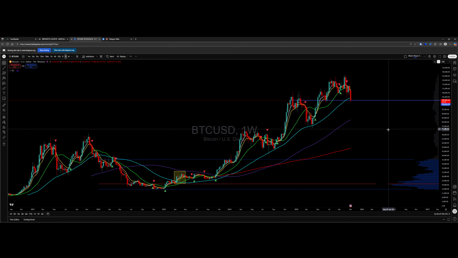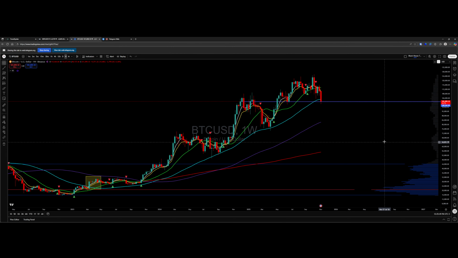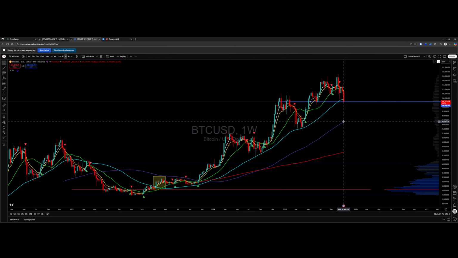So on this weekly chart, broken the 20, broken the 50. And if we are looking for areas where price can rest, well, just by looking quick at this chart, you can see some basing of price through here that aligns perfectly with this level.